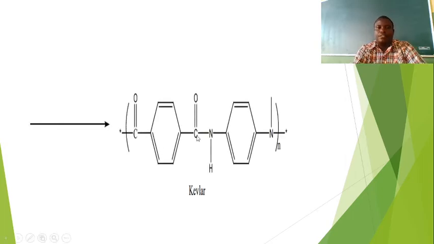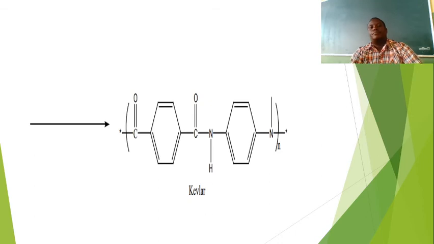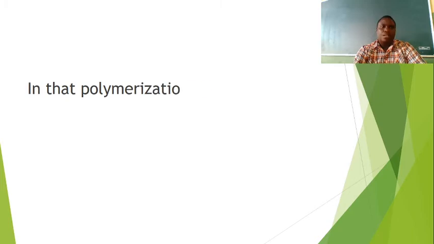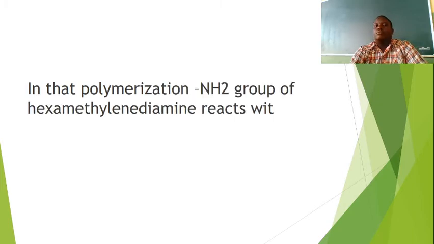which is here, amide bond, there is a formation of Kevlar and the release of water. So you will see how this water is released in the animated video that I'm going to show you next slides, I think. So in that polymerization, what happened in order to form a molecule of water?